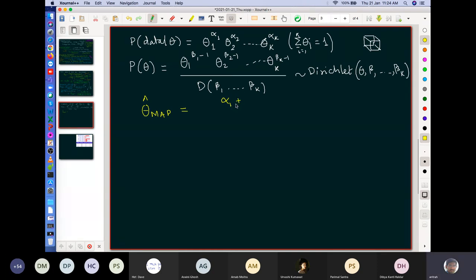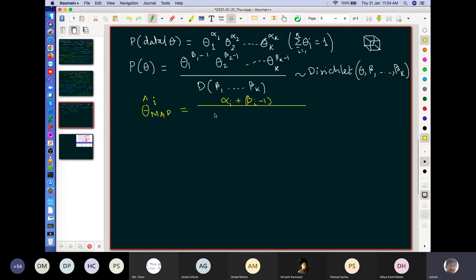This will be alpha i plus beta i minus 1. So this is theta MAP of the ith, let's say in a dice, the ith number occurs.